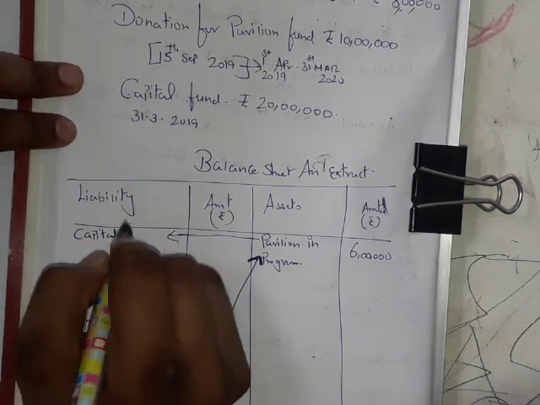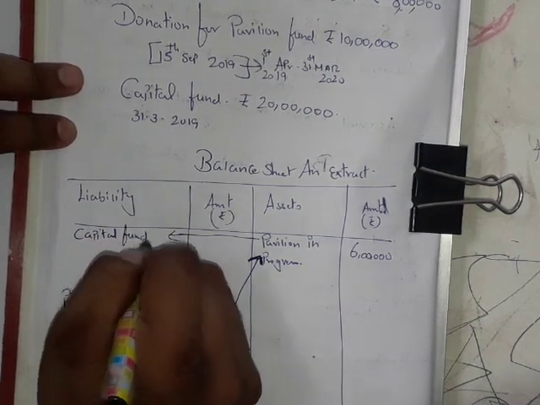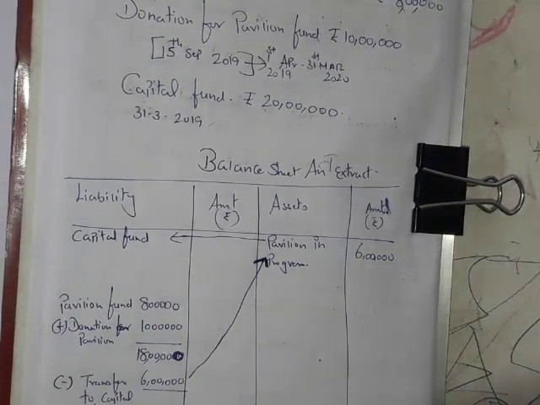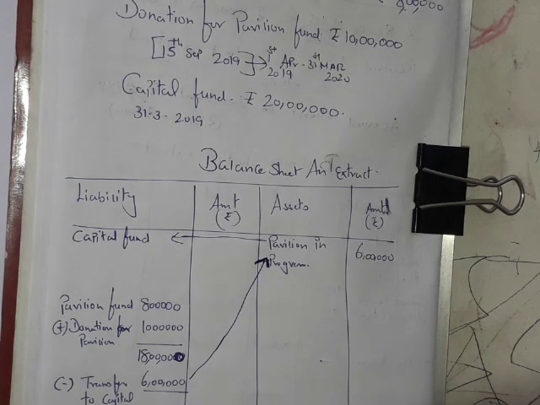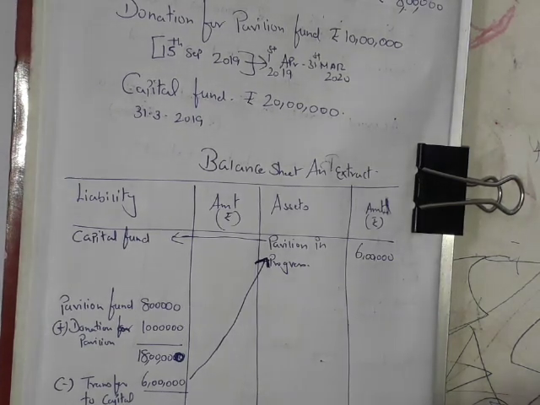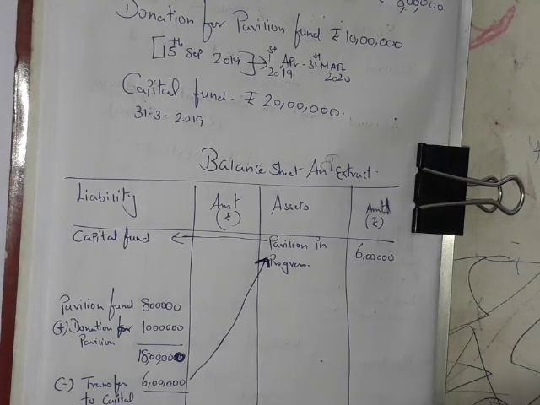Remember always, whenever you are documenting the accounts for your non-profit organization, it must be very clear that capital will be denoted as capital fund. So capital fund, what is my opening balance?